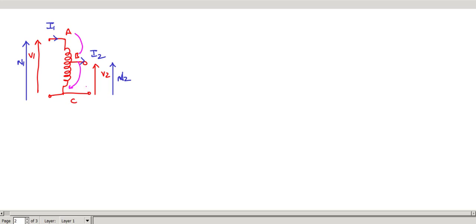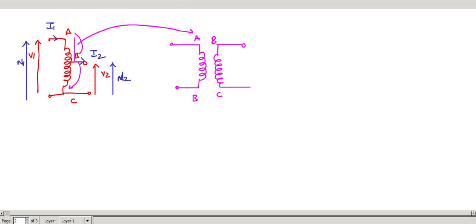Clearly observe that winding AB is the primary winding, and winding BC is the secondary winding. So this winding part, winding AB, represents this, and winding BC represents this.